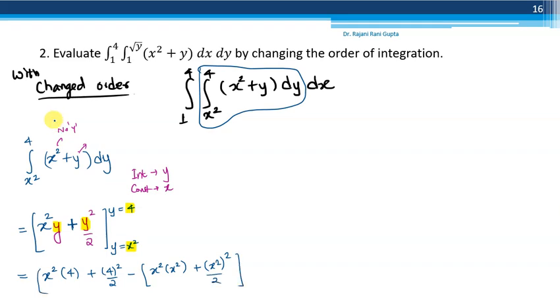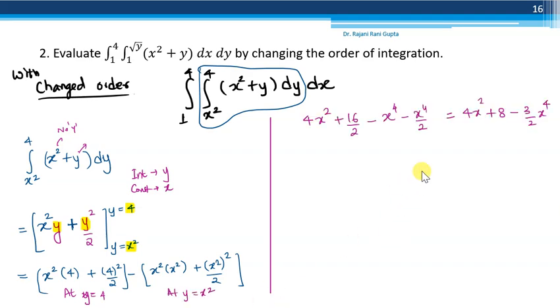Okay, so these are the limits at y equal 4 and here at y equal to x square. Simplify. So on simplification, it will give you this value. Okay, so you see that you integrate with respect to y, so there is no y term.